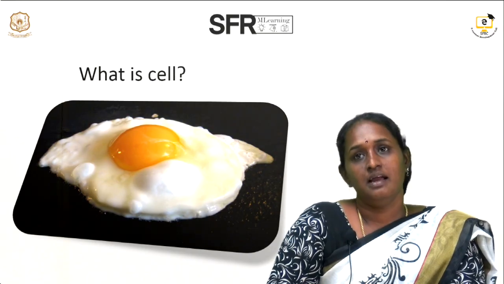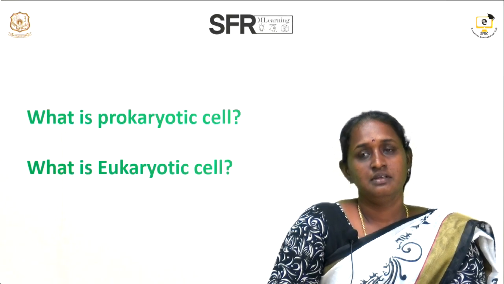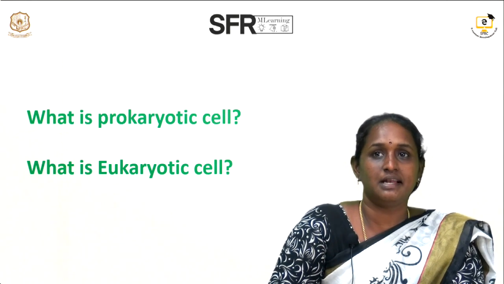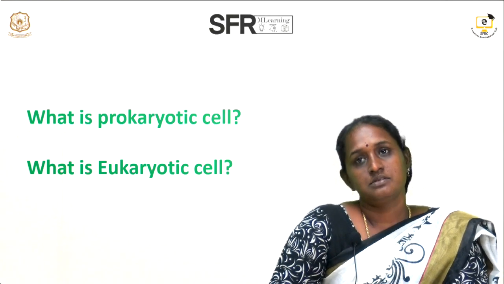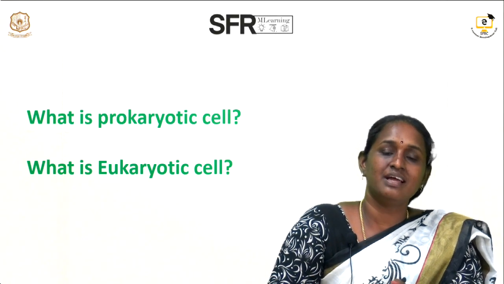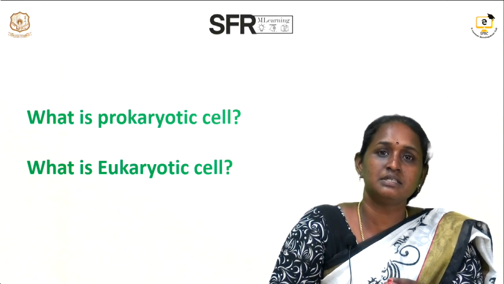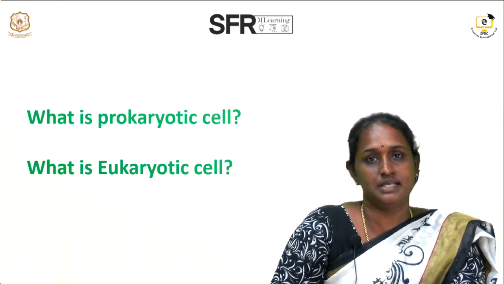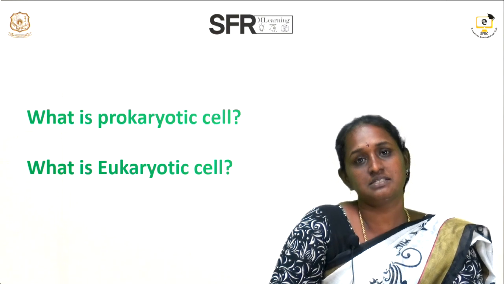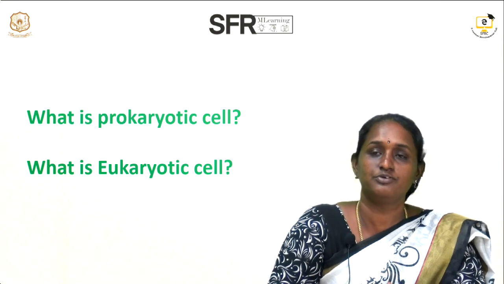Here we are going to see about the prokaryotic cell and the eukaryotic cell. What is a prokaryote and what is a eukaryote? We can divide cells based on the presence of the nucleus. Some cells have a nucleus and some cells have an absence of nucleus.